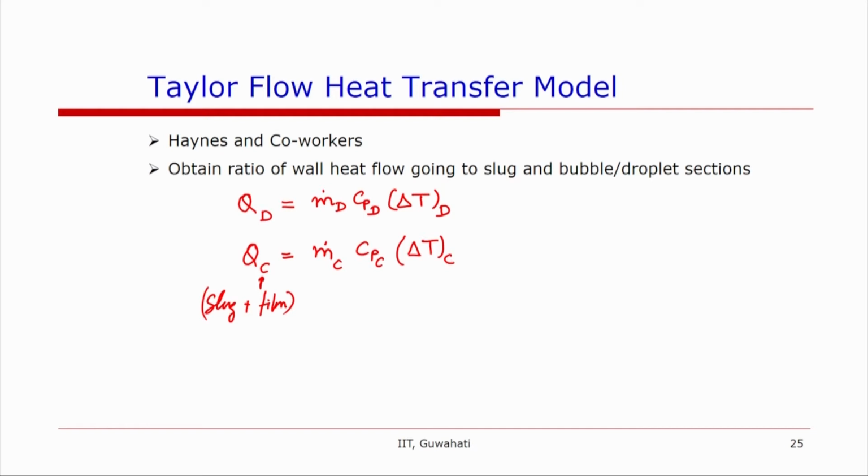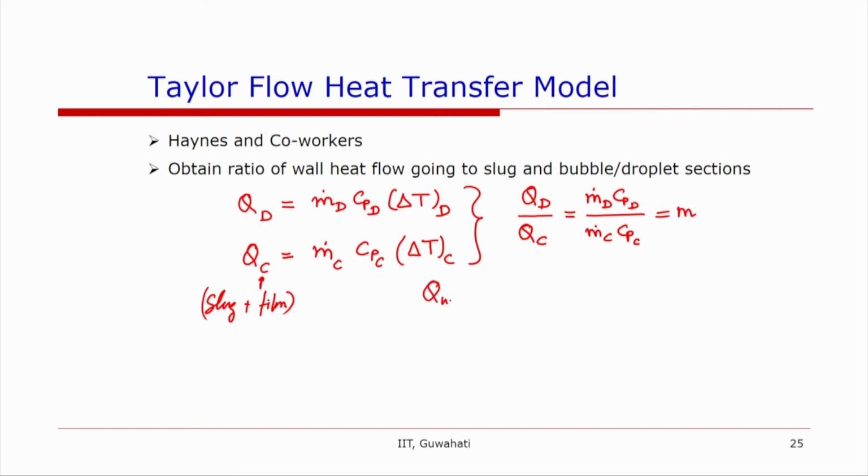Now, based on this, because delta T of the dispersed phase and delta T of the continuous phase are going to be the same, we can obtain Q d over Q c is equal to m dot d Cp d over m dot c Cp c, which is equal to m, and the total heat that will be coming from the wall.